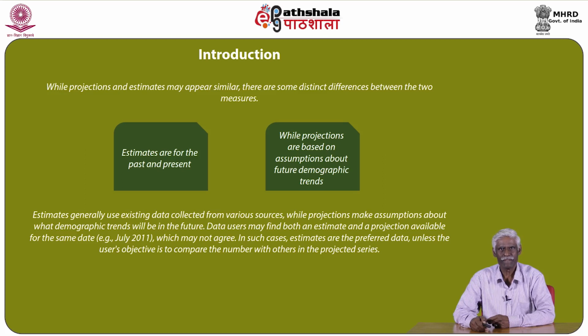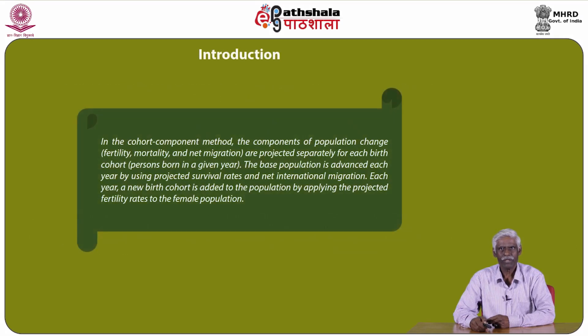In the cohort component method, the components of population change, namely fertility, mortality and net migration, are projected separately for each birth cohort, that is persons born in a given year. The base population is advanced each year by using projected survival rates and net international migration.